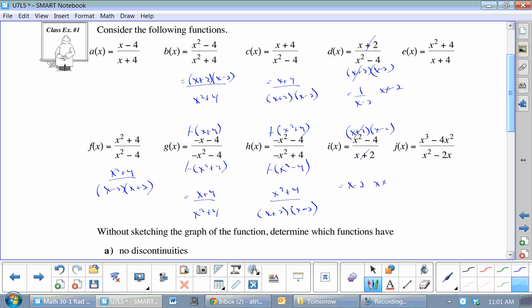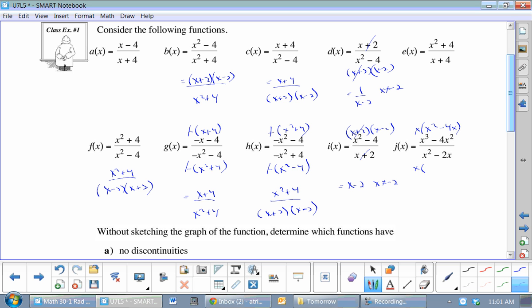X cannot equal negative 2. Okay, and the next one, can I do anything? I can take out an x here. That would be x squared minus 4x. I take an x out on the bottom.